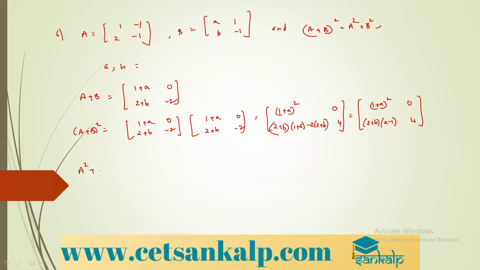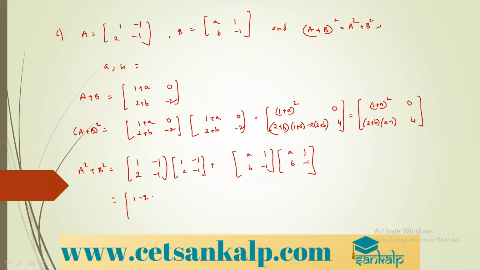Now I will take A square plus B square. That is A, I am multiplying twice, plus B, I will multiply twice. So A, when I multiply twice, I will get 1 into 1 minus 1 into 2, 1 into minus 1 minus 1 into minus 1, 2 into 1 minus 1 into 2, then 2 into minus 1 minus 1 into minus 1.